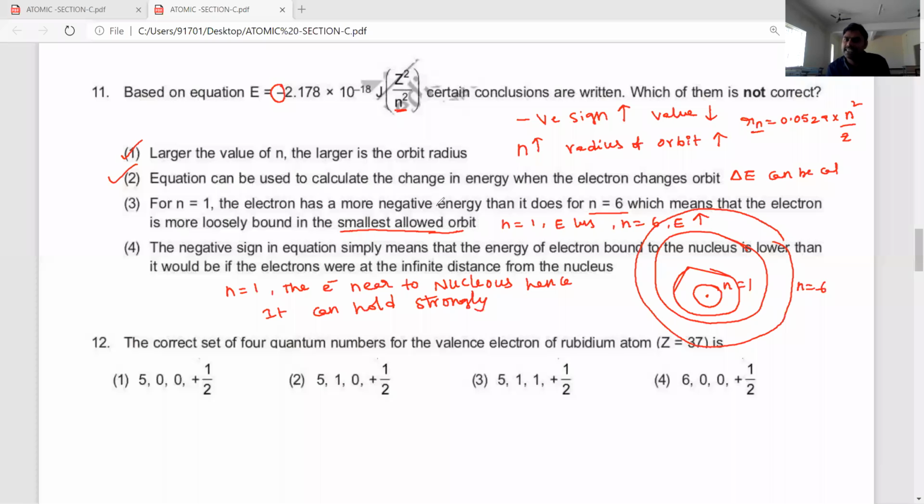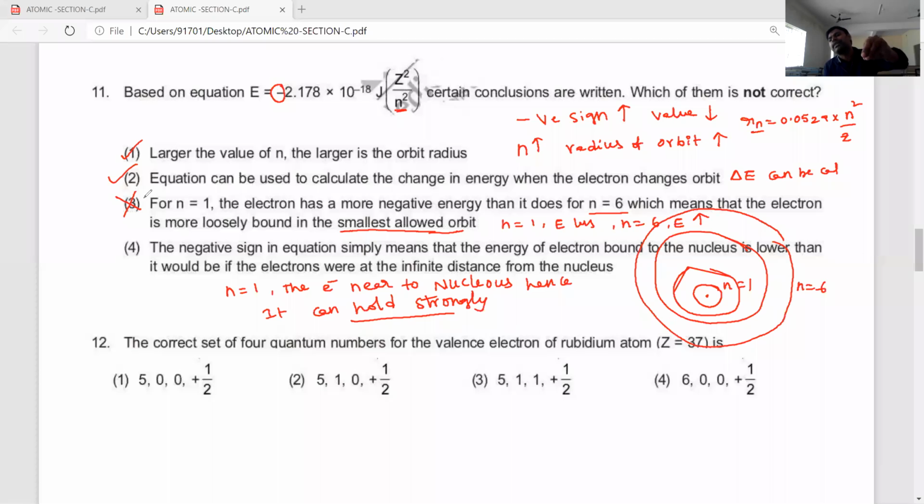But what they gave is that for n is equal to 1 it has more negative energy, which is correct, yet they say the electrons are loosely bound from the nucleus. In fact the electrons are strongly held, because inner shell electrons are held strongly when compared to outer shell electrons. That's why this third statement is wrong.